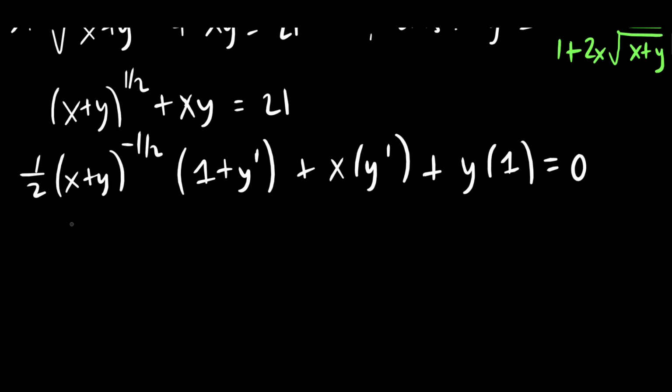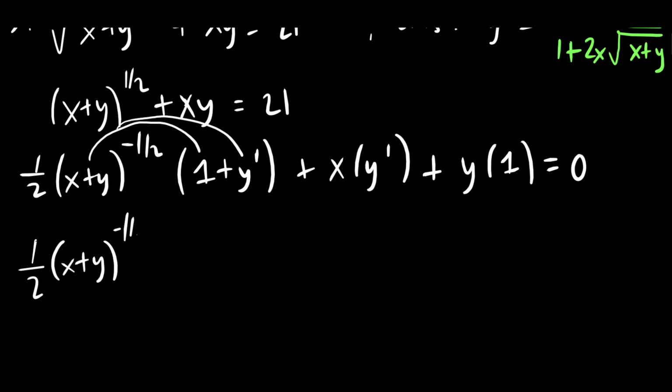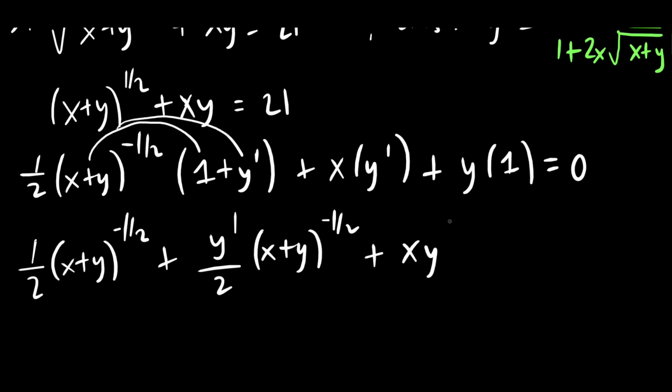After this one, we will distribute this term and this term. So we have 1 half multiplied by x plus y raised to the power of negative 1 half, plus y prime all over 2 multiplied by x plus y raised to the power of negative 1 half, plus x y prime plus y is equal to 0.